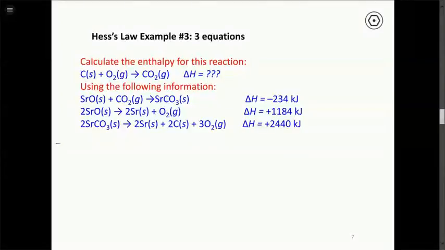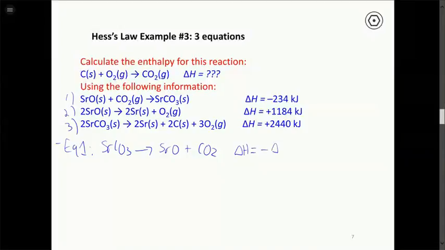So we take the inverse of equation 1, which means we flip the reactants and the products, and we flip the delta H, again numbering them to help us out. So delta H is going to be the negative of delta H1, which is plus 234 when we change the sign.